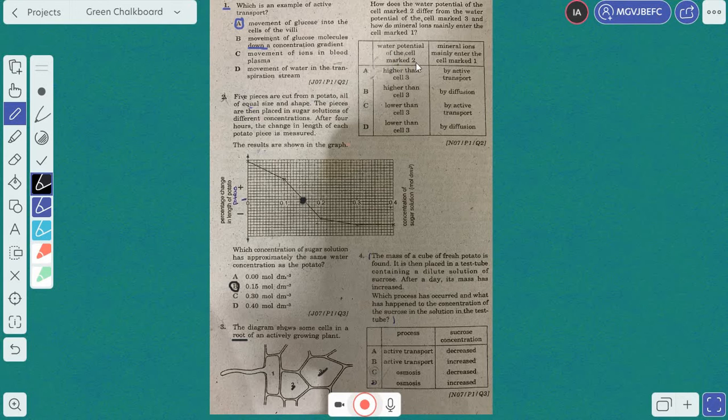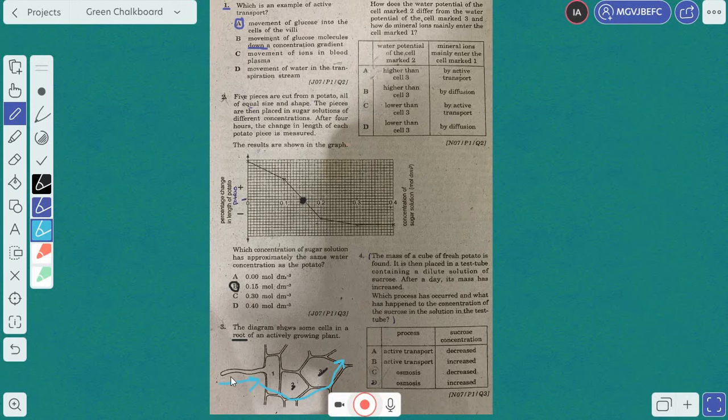Water potential of the cell marked 2 is higher than cell 3, or lower than cell 3. It's either one of them. Well, here's how water moves. So water, let me show you by the arrow. Water moves from here, and then it continues moving until it reaches the xylem vessel.